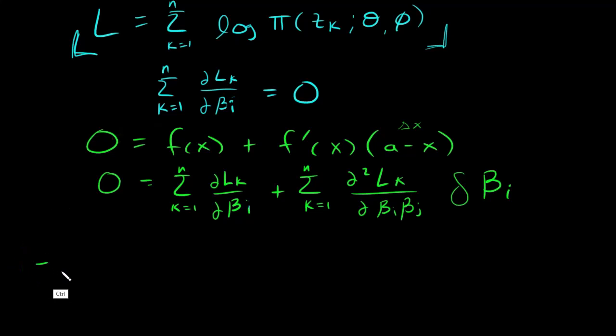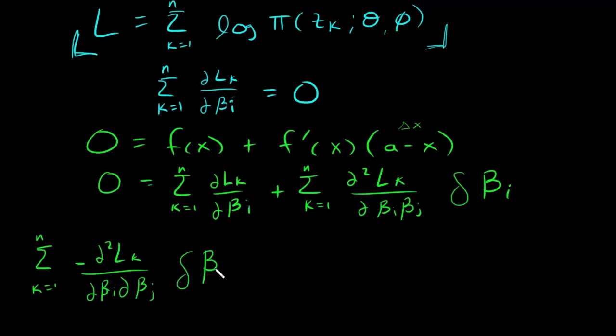So I'll have the sum from k equals 1 to n, and I have negative that second derivative, our change in beta, delta beta, change in beta, k equals 1 to n.